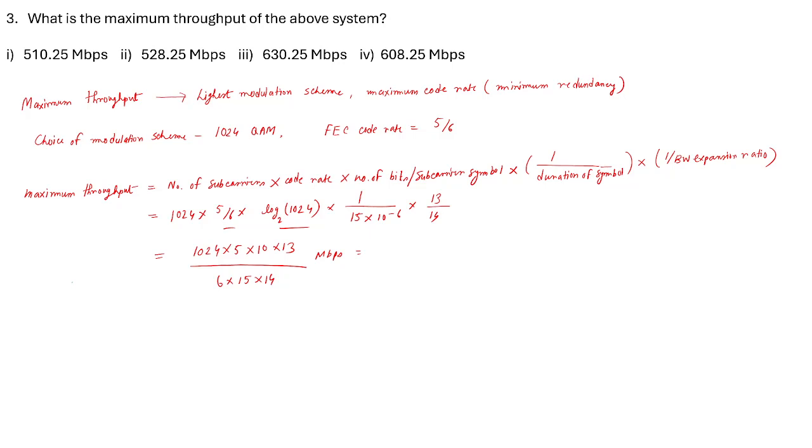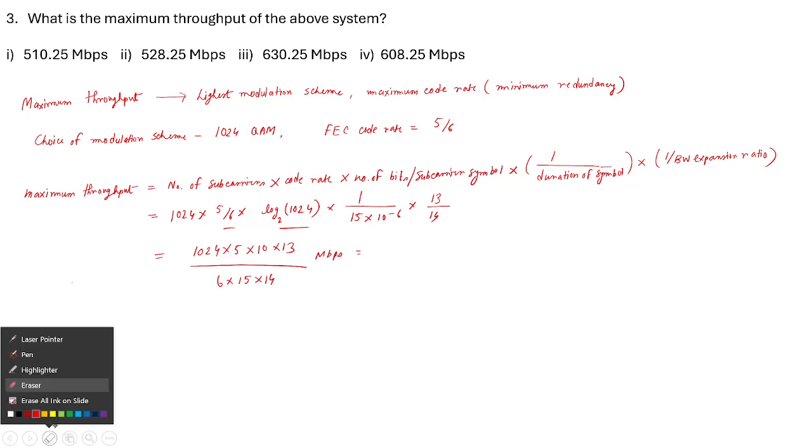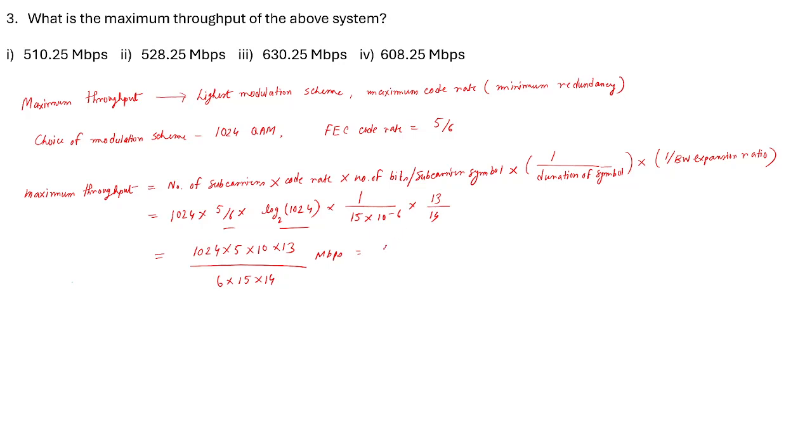1024 times 50 times 13 divided by 14 divided by 15 divided by 6. It comes out to be 528.25. Therefore our answer is going to be 528.25 Mbps. This one is correct.